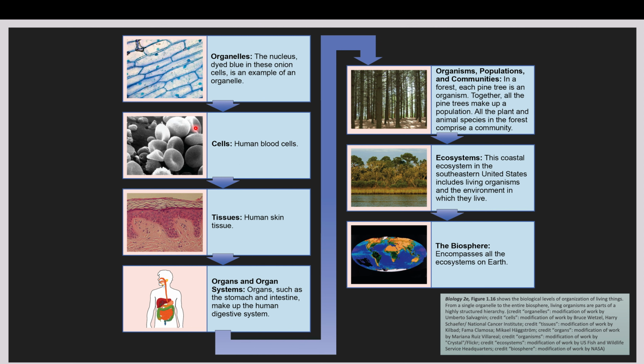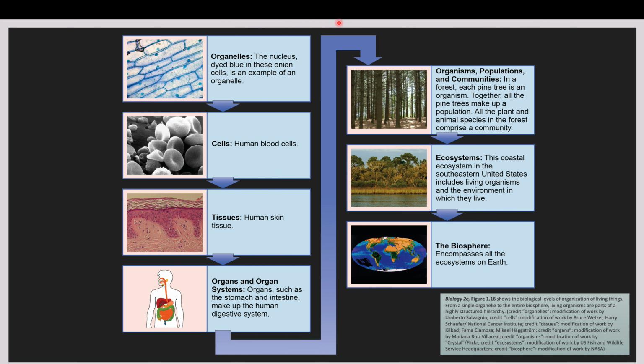This is an image of human blood cells. Both of these things are things that you'll see in class during our labs. This is an example of human skin tissue, organs and organ systems. Organs such as the stomach, intestines, which we mentioned in the past slides, lungs, the brain, they make up the human organ systems, but in this case, the stomach and intestine make up the human digestive system.